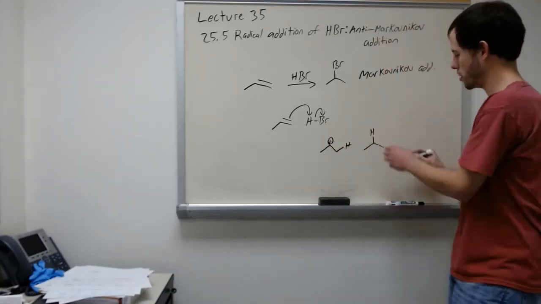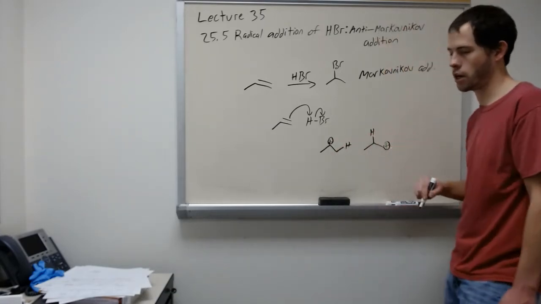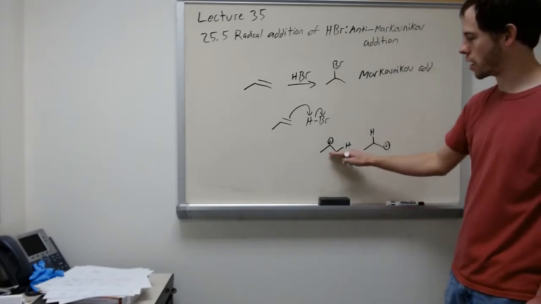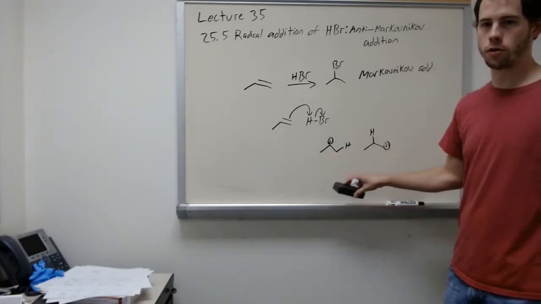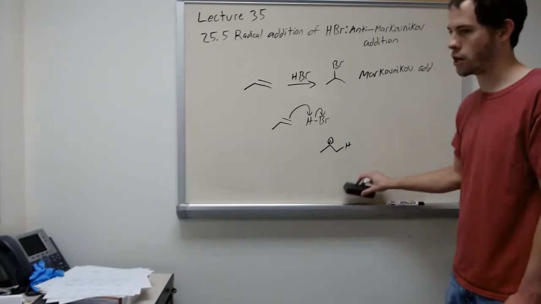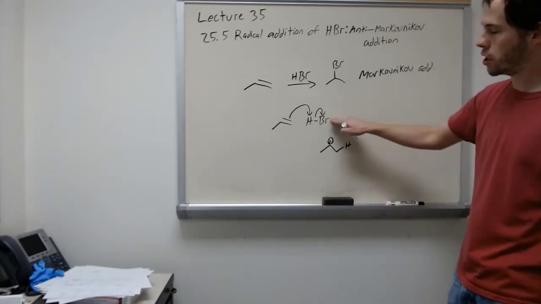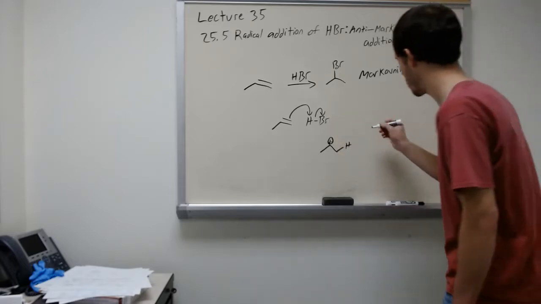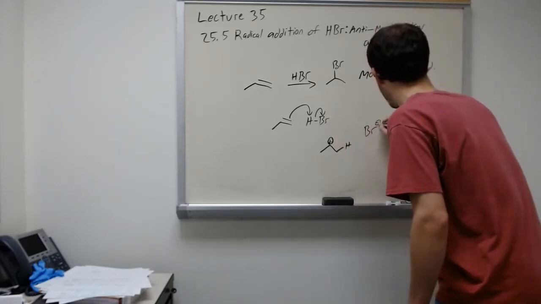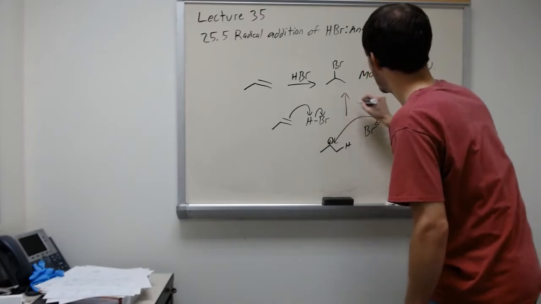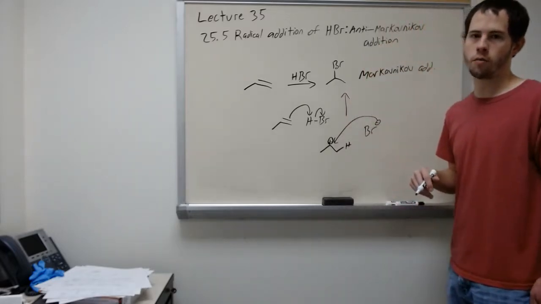And if we put the hydrogen here, we have a carbocation here. This is primary, this is secondary, and so the secondary one is more stable, and so we do not generate the primary carbocation. The bromine, the Br minus that we generate in this step comes in as a nucleophile, and that gets us to our Markovnikov product.